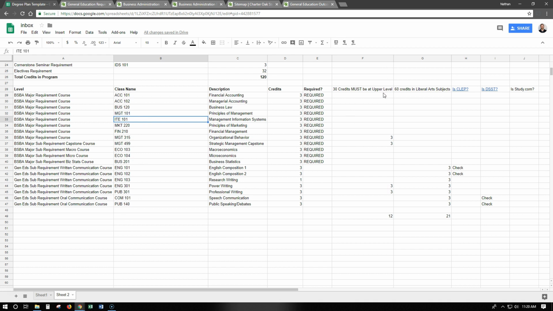So what this says when it says upper level is it means 300 or 400 level courses, basically junior and senior year courses. This does not mean that you have to wait until your junior and senior years to take these courses. It just means that that is the level of difficulty they are at.